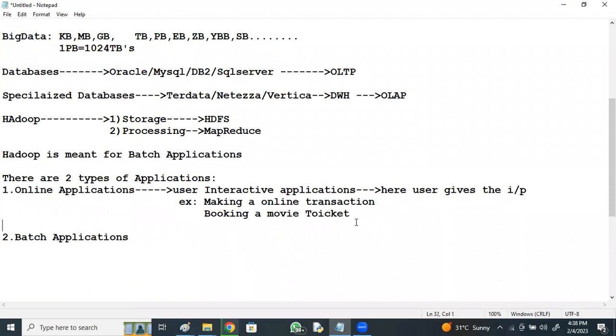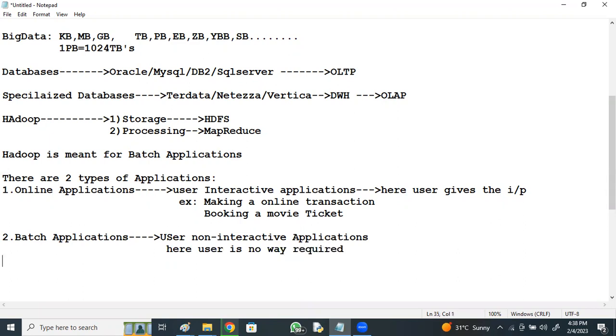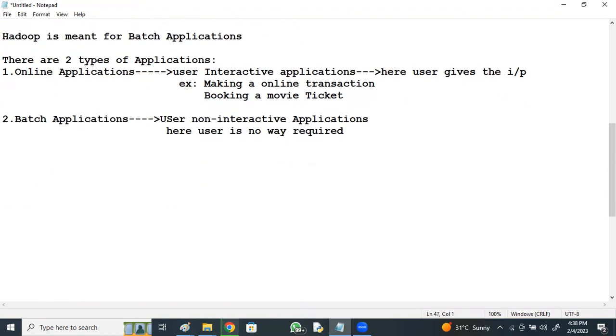And for a batch application, here the user is nowhere required. They are user non-interactive applications.